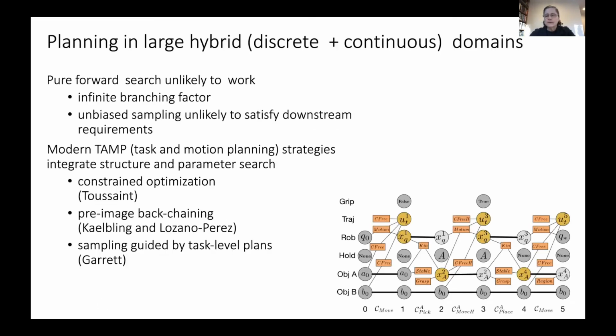One important thing, though, is that pure forward search, so just looking at little steps in belief spaces, or even in mixed continuous and discrete space, is probably not going to work. We need to consider planning methods that carefully understand the relationship between discrete changes and continuous changes in the world.